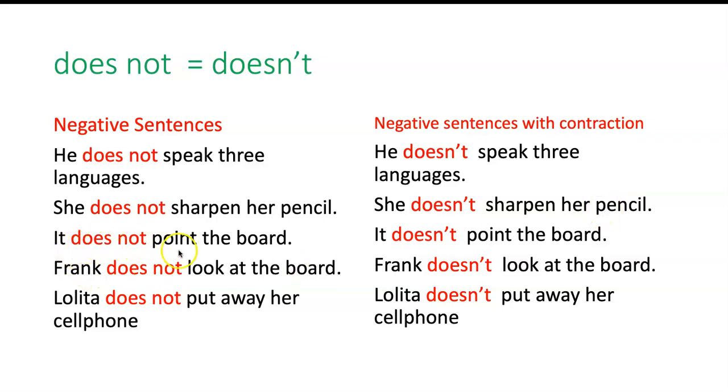It does not point the board. It doesn't point the board. Frank does not look at the board. Frank doesn't look at the board. Lolita does not put away her cell phone. Lolita doesn't put away her cell phone. Okay? So you have here in full form and you have here in contraction.